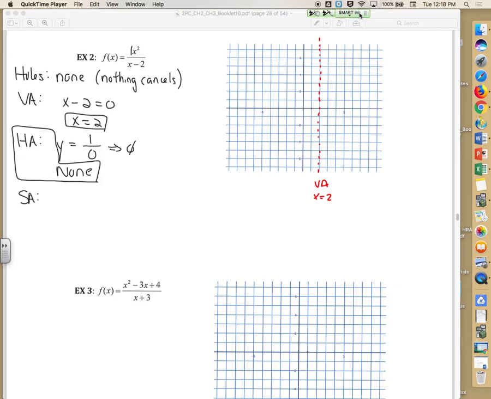To have a slant asymptote, the degree in the top will be 1 bigger than the degree in the bottom, which is what we have. The number that goes in the box, if I set the bottom equal to 0, I get x equals 2. So that's what's going in my little box there. And then the coefficients: I have 1x squared, 0 x's, and 0 for a constant term there.